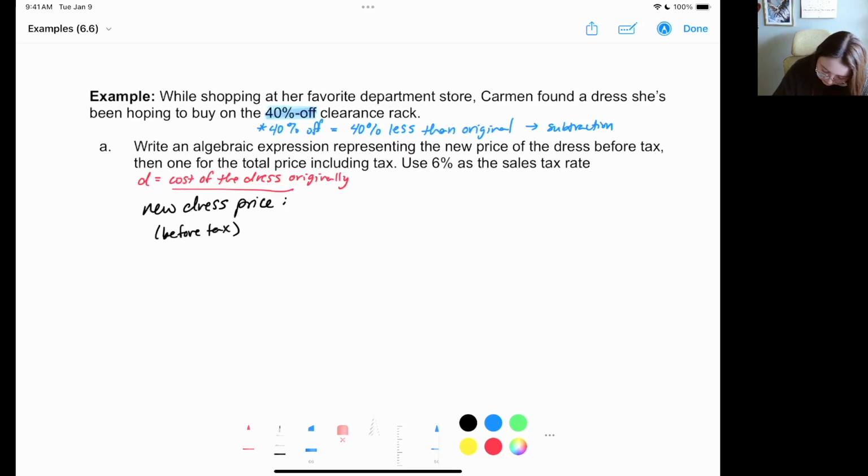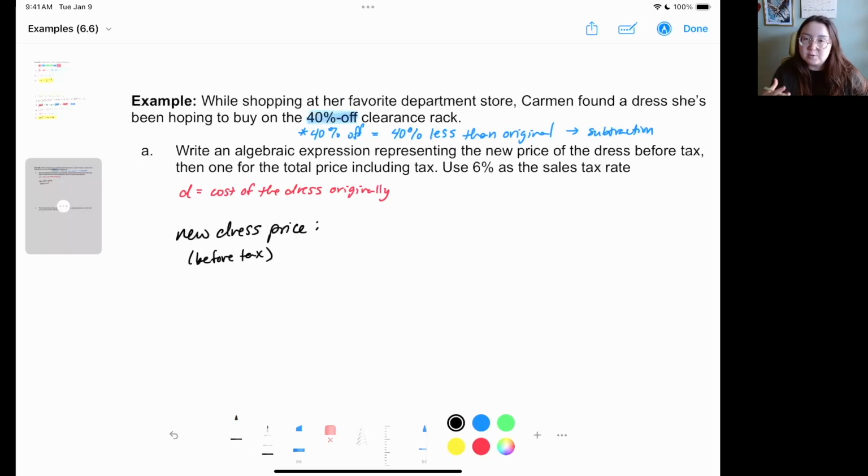And we're going to give ourselves a teeny bit more room here by moving this. So for our new dress price, it's 40% off. So we want to know what is 40% of our original cost of the dress. So when we talk about 40% of, or a percentage of, that word of indicates multiplication, as we've gone over in the past.